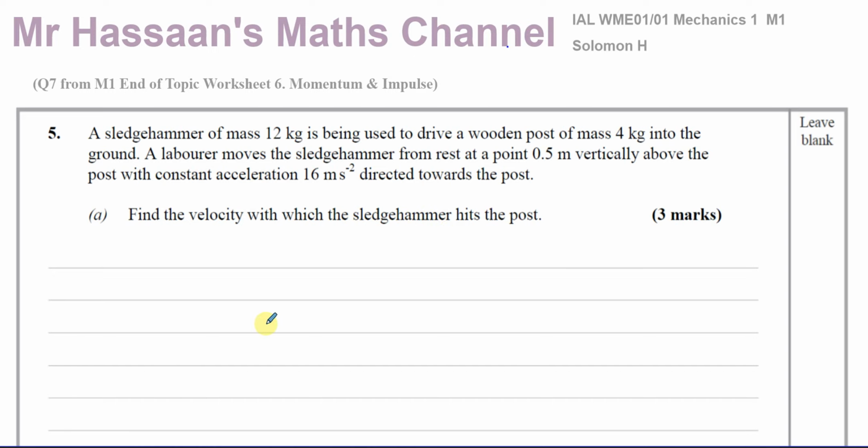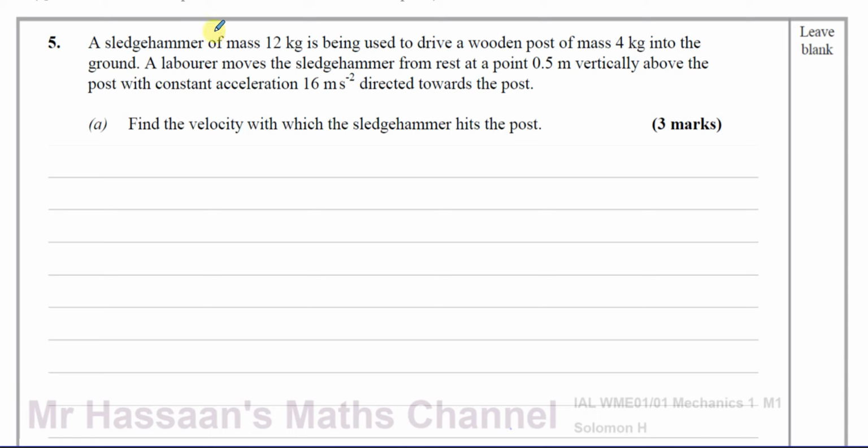So basically, we've got the ground here, and you've got this post that is being hammered into the ground. There's a sledgehammer that is coming down, and it's going to hit the post.